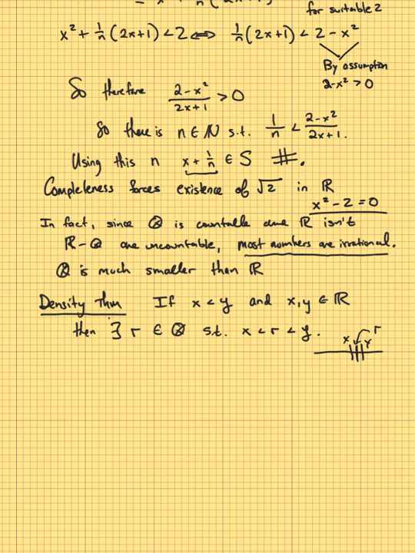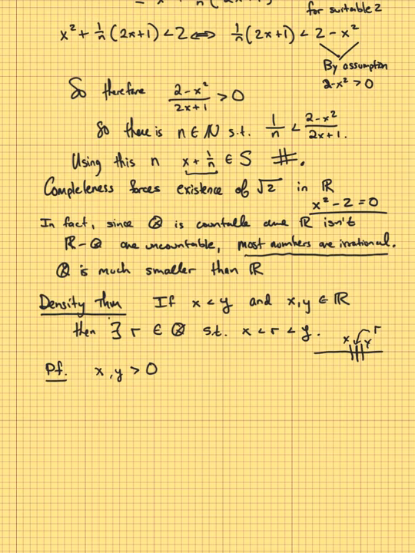Okay, so let me do the proof. We're going to assume that x and y are greater than 0. There's an argument that you can do if they're both negative, and if one is negative and one is positive, you just choose 0. Okay? So that's not too exciting. So what we want to do is first find the right denominator.